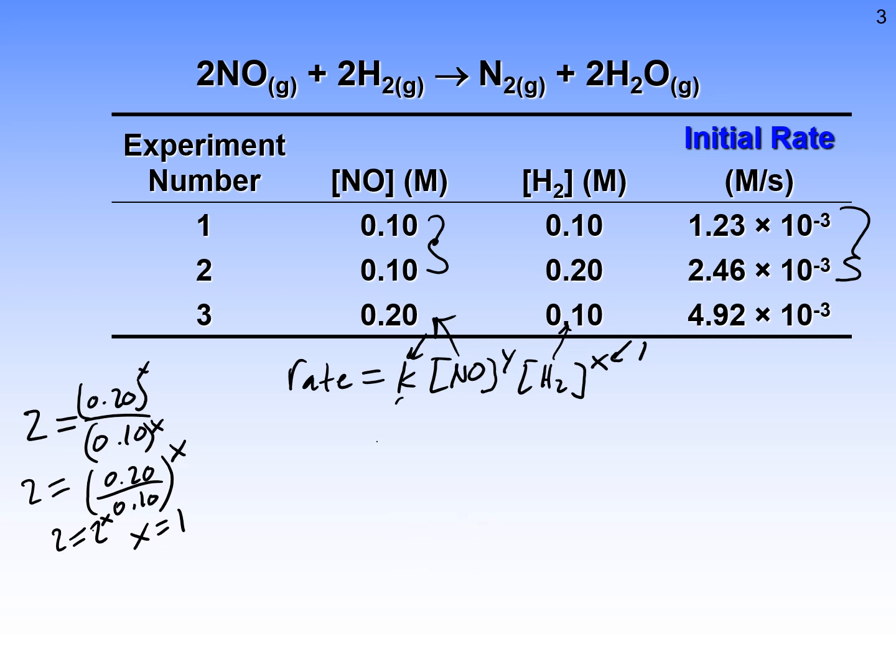Okay, so let's do Y. We have to pick two other rows. Now, ideally, we'd pick two other rows where the concentration of H2 is constant, but we don't have to now that we know the exponent of H2.